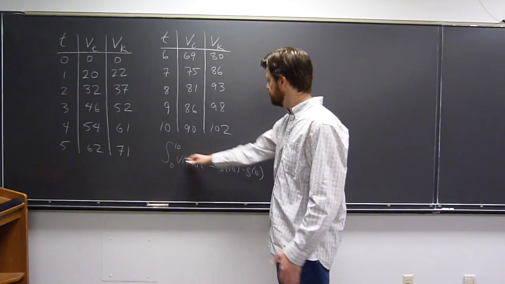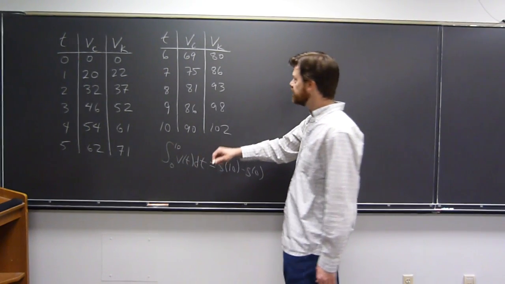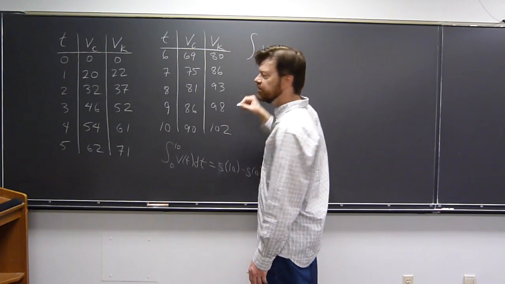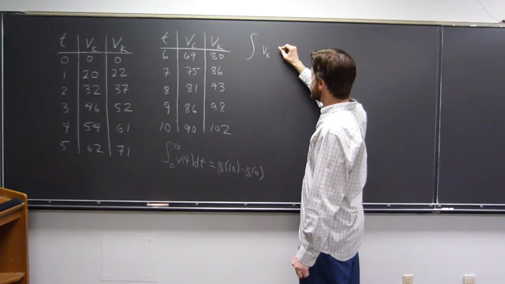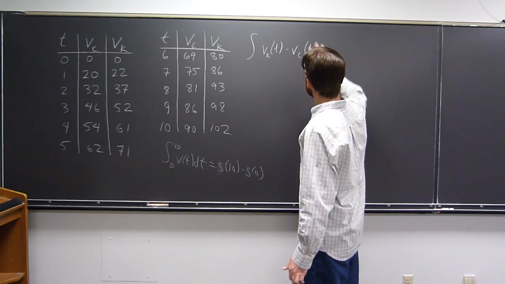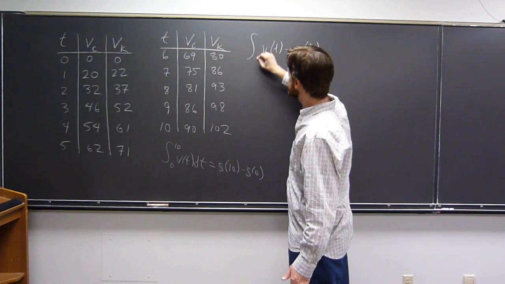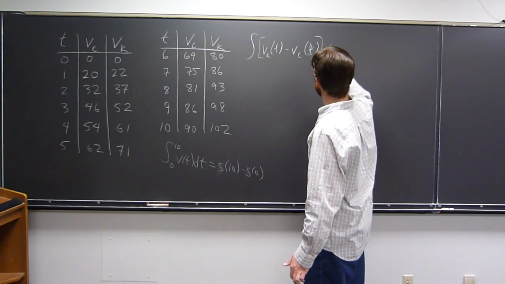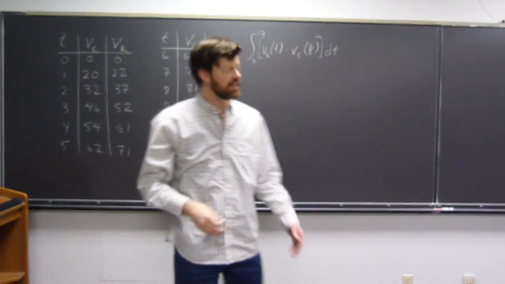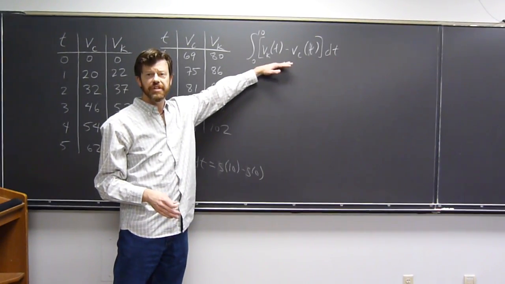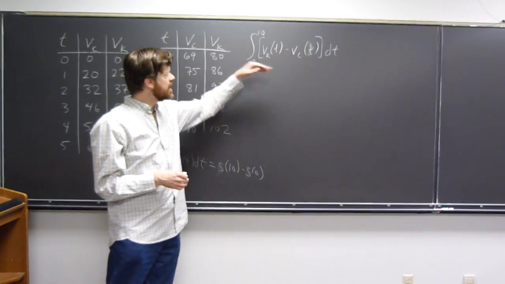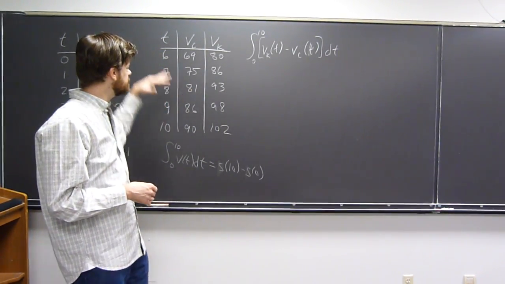So rather than using this separately for Chris and for Kelly, we're going to use Kelly's velocity, because we know that Kelly was going faster, minus Chris's velocity. And this integral will tell us how far Kelly is ahead of Chris after the first 10 seconds of the race. We'll find that that is easier for us to find, especially in this situation.